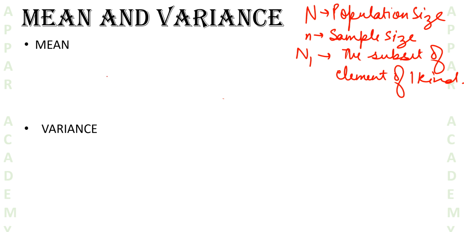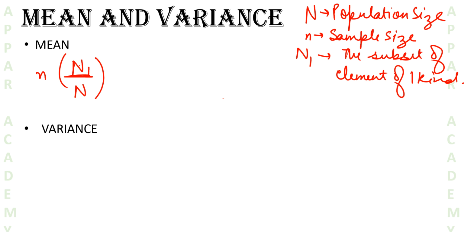Now the mean, or expected value, of a hypergeometric distribution is given by small n into n1, that is the number of success elements, upon the total capital N. Can you see this is somewhere related to the binomial distribution?